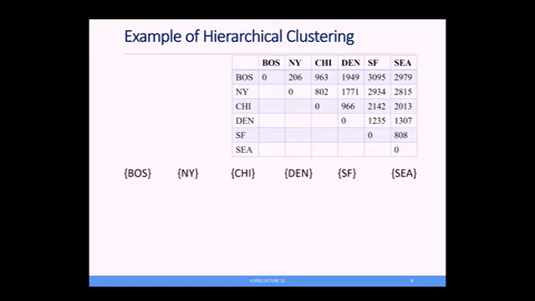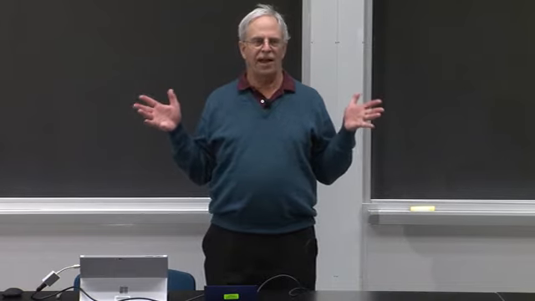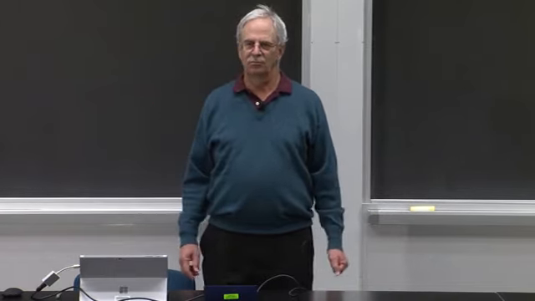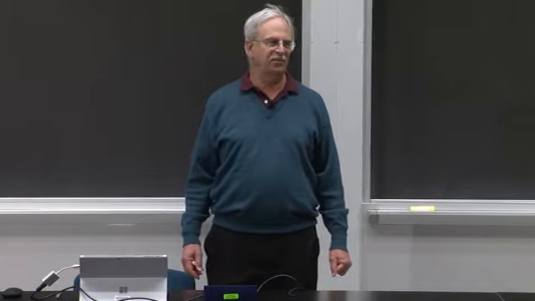So we start, the first piece of our dendrogram says, well, all right, I have 6 cities, I have 6 clusters, each containing 1 city. All right, what happens next? What's the next level going to look like?